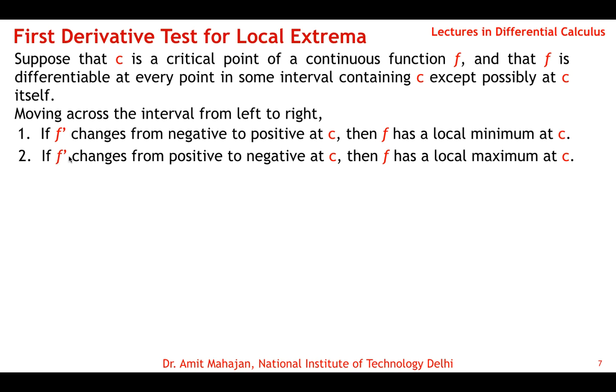Similarly, if the derivative changes from positive to negative, that means the function increases and then decreases, so at C there is a local maxima.